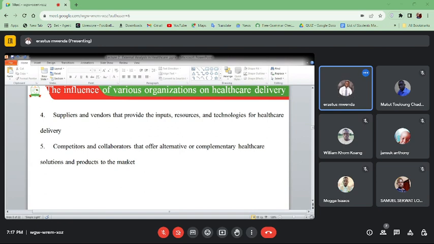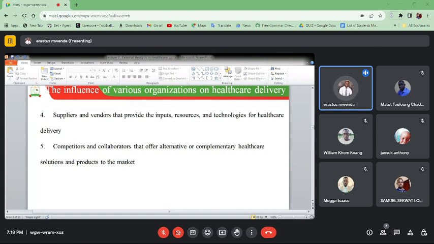Maybe we are in the health sector in terms of manufacturing of a particular product, so we need inputs in the name of raw materials, other resources and technology for healthcare delivery. If we are using certain kinds of technology, then suppliers and vendors become key organizations that we have to rely on to deliver to us very efficient machines, machines that are also going to be cost effective in terms of service delivery and so on and so forth.